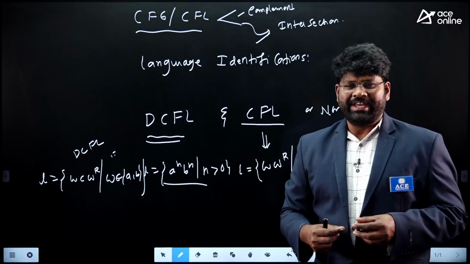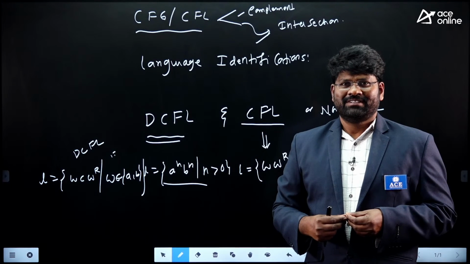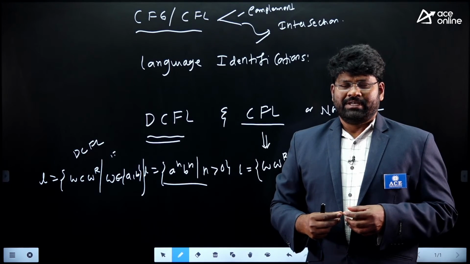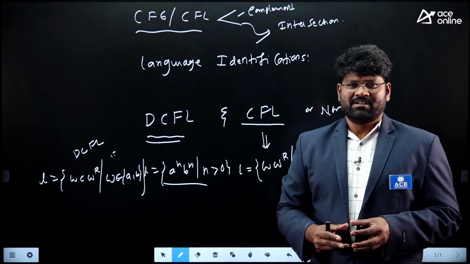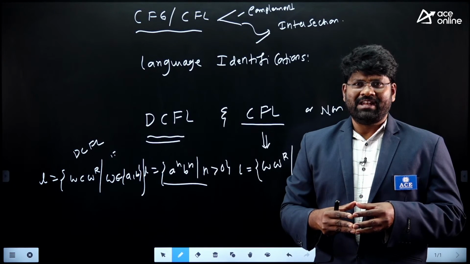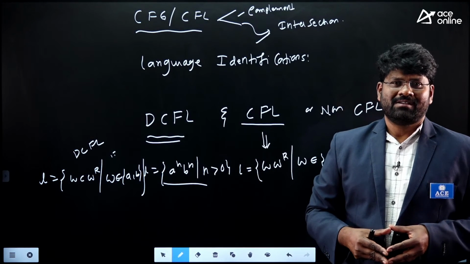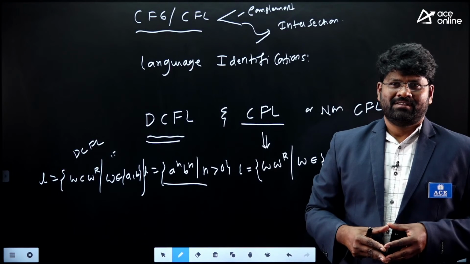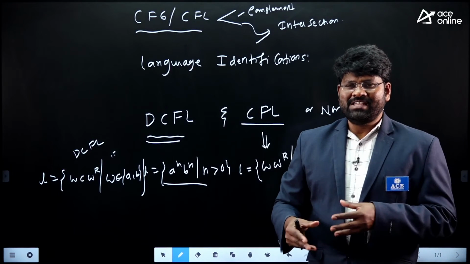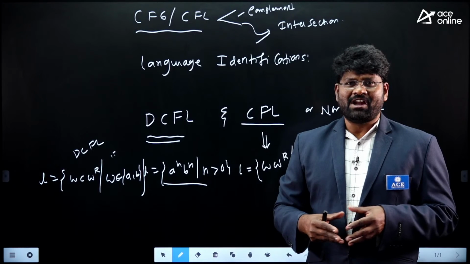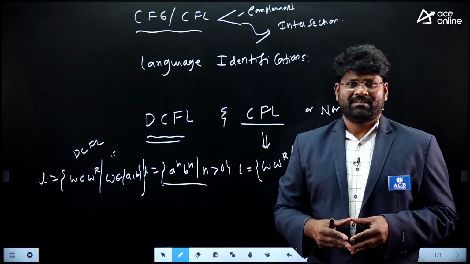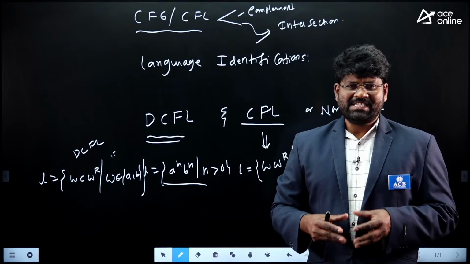You can go and refer to any of the previous papers and find this. If L is a context-free language, the complement of L is not necessarily a CFL. People will say that if L is a CFL, L dash is not a CFL. That is a wrong statement. This is the misconception.